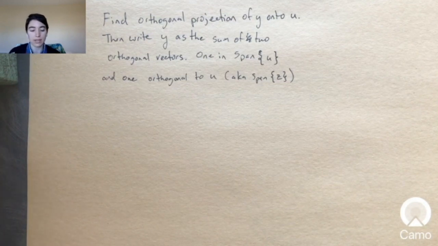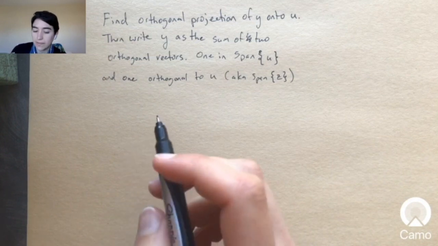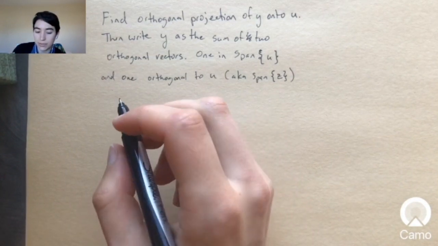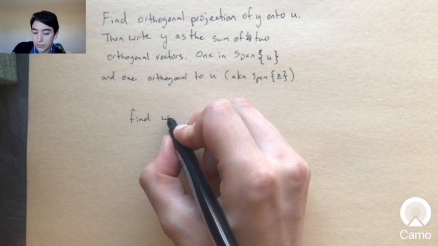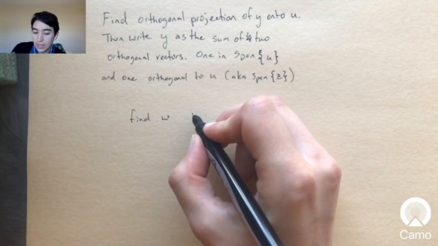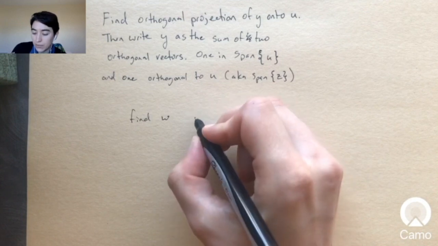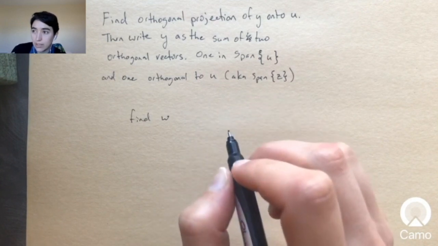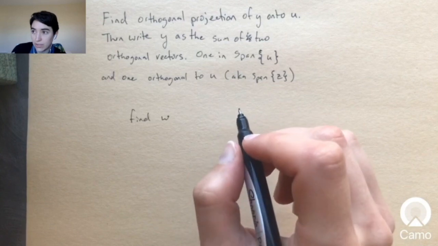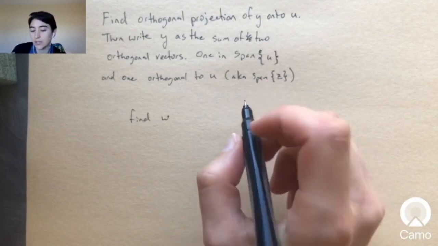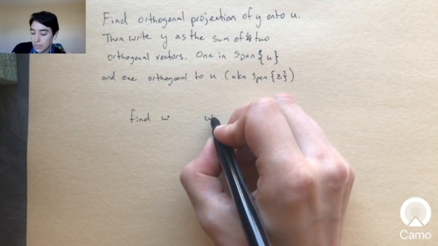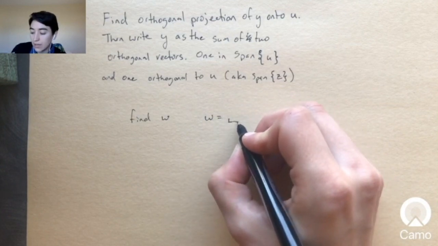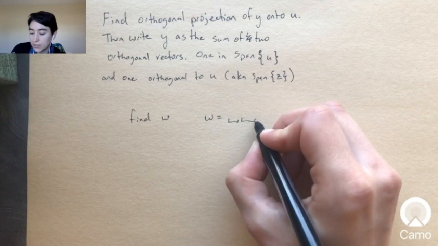Okay, so the first step we want to do is find w. And the way we're going to find w is by using one of the theorems that I wrote down earlier that I didn't provide a justification for. And the way we can do that is we can say w is a coefficient times u.